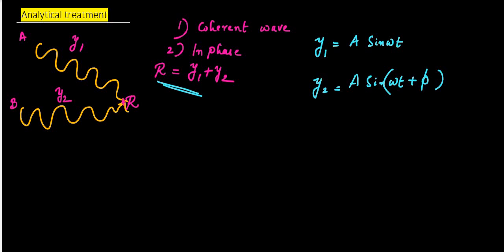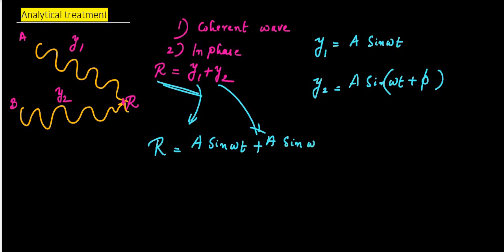So the resultant R is equal to, replacing y1, a sin omega t, plus, replacing y2, a sin of omega t plus phi.